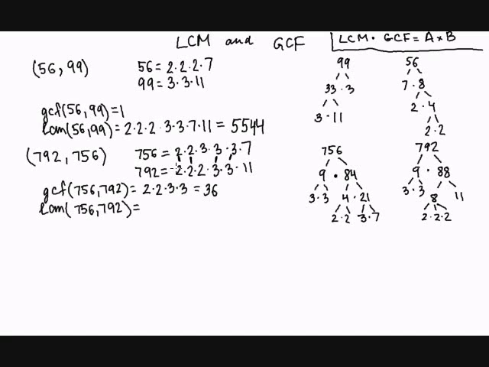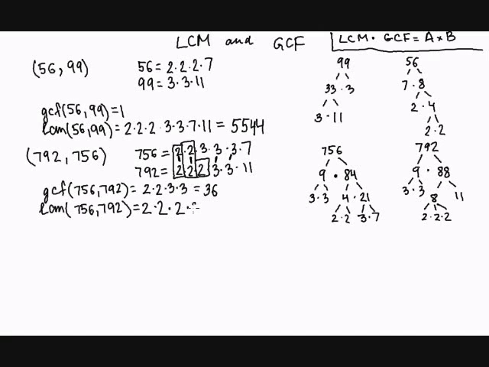And now to find the least common multiple, I have to write all the factors, but the ones that have a pair, I'm only going to write them once. So let's do it. So we have 2, so I'm going to write this 2 as 1, 2. Then I'm going to write another 2, which is this 2. Then the next 2, which is this 2.